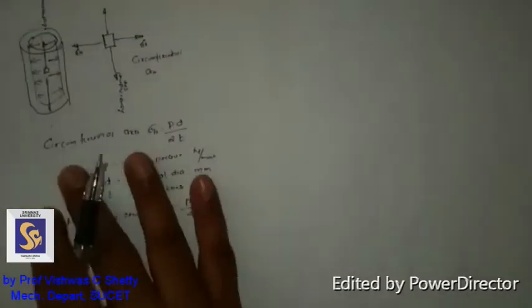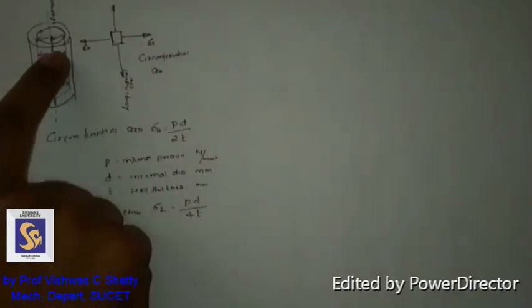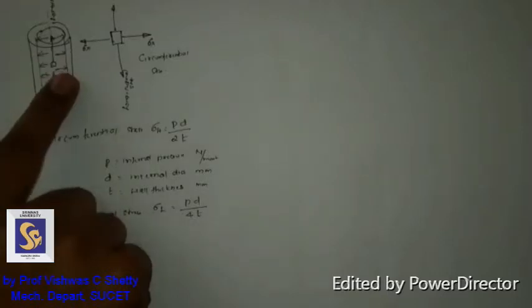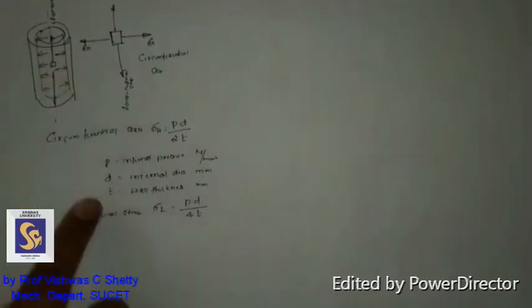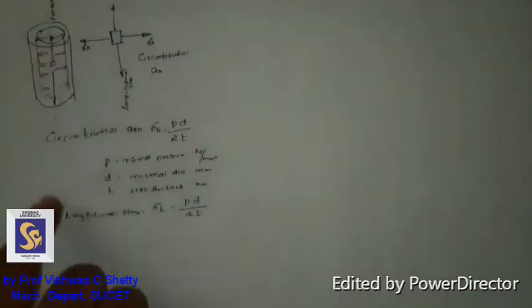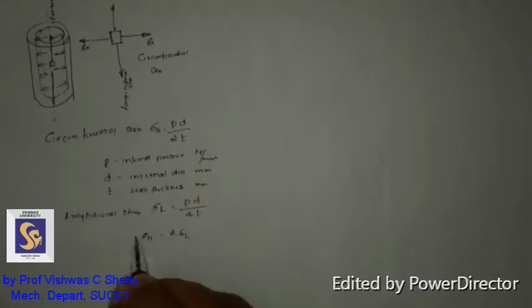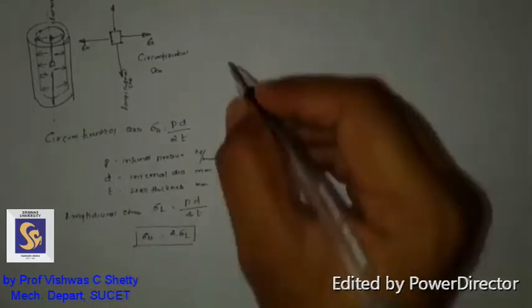The stress due to the pressurized fluid inside the cylinder acting on the inner surface of the wall is more compared to the longitudinal stress in the longitudinal direction. So sigma h you can write as twice sigma L. We'll solve some problems.